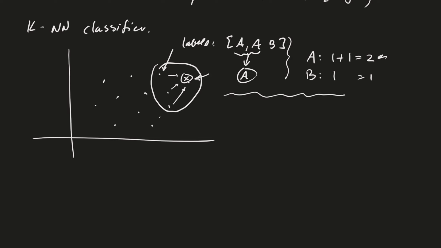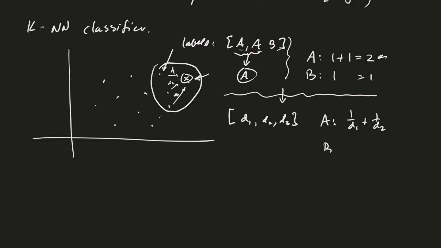The way we can generalize this is that instead of just looking at the labels themselves, you would track the distance for each of your points. So I would write down d1 for the distance for this first point, d2 for the next, d3, and so on. And then in class A, if class A is the first 2 points, I would say that this is 1 over d1 plus 1 over d2.